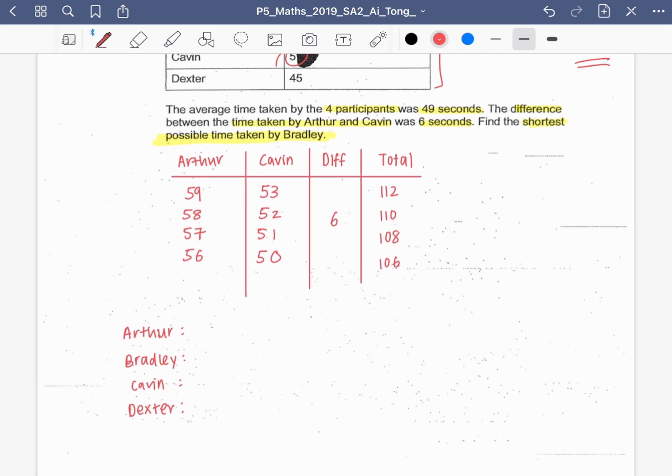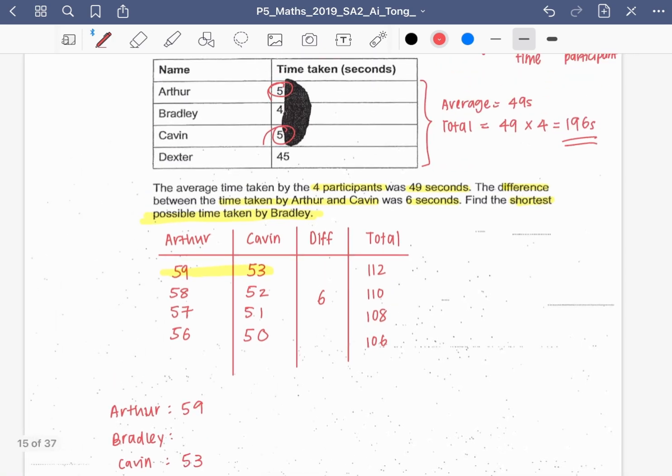Okay, let's see. Now, we know that Dexter is always 45. Correct? Let's try to fit in this first one over here, 59 and 53. 59, 53. Bradley starts with 4.